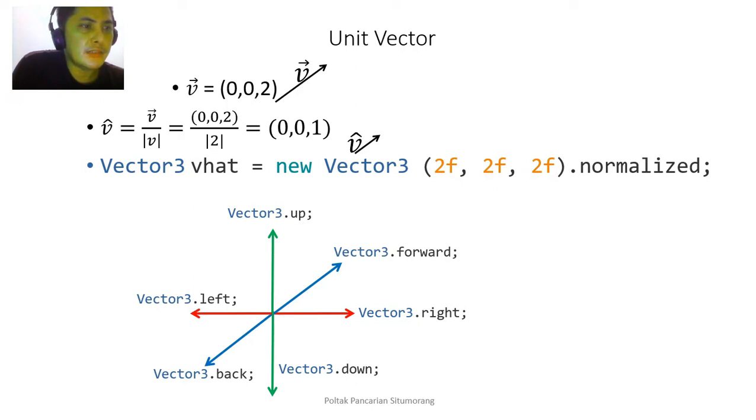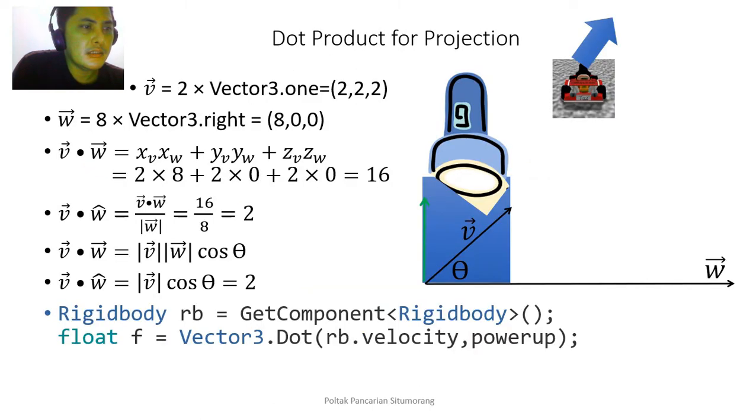A normalized vector is calculated by dividing the vector by its magnitude. In Unity, use the normalized attribute of a vector to obtain a unit vector. Unity provides a number of unit vectors that have the same direction as their axis, for example, Vector3.forward.